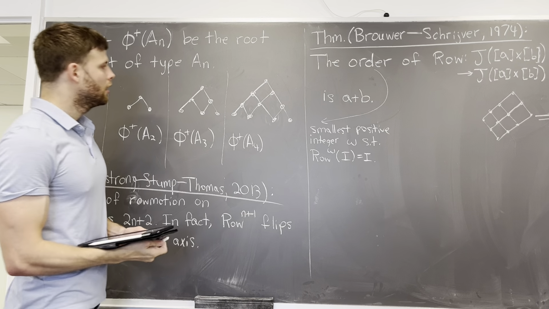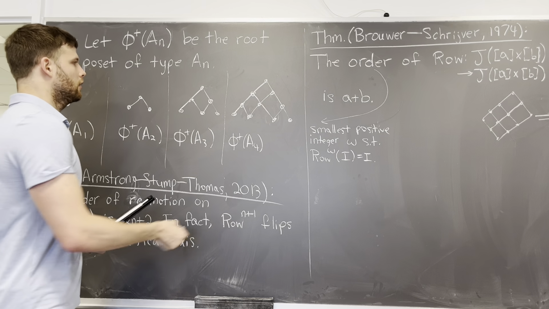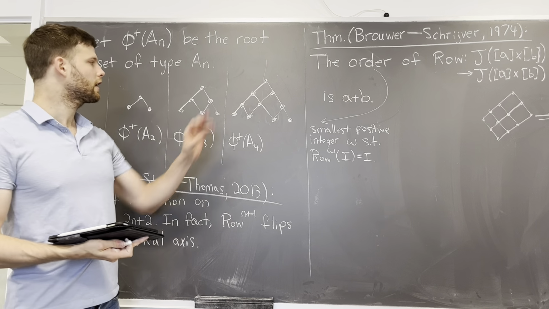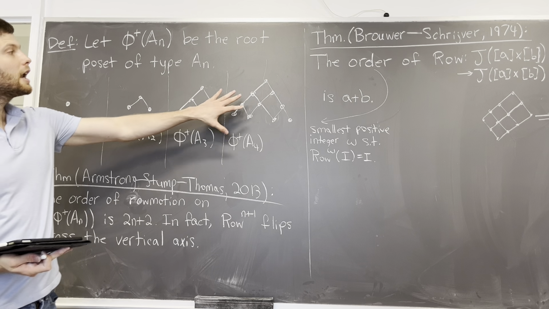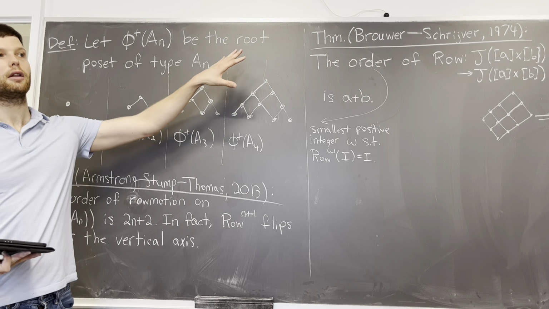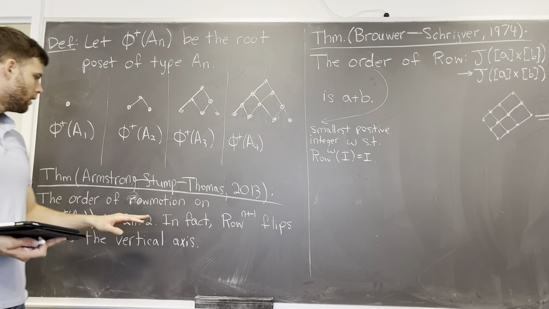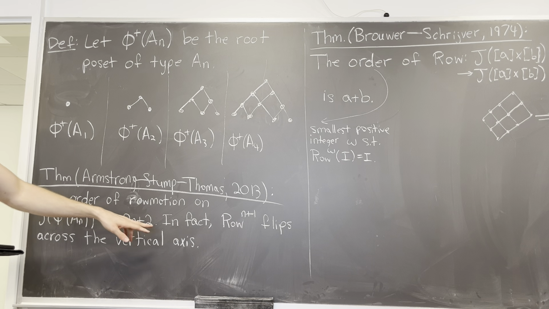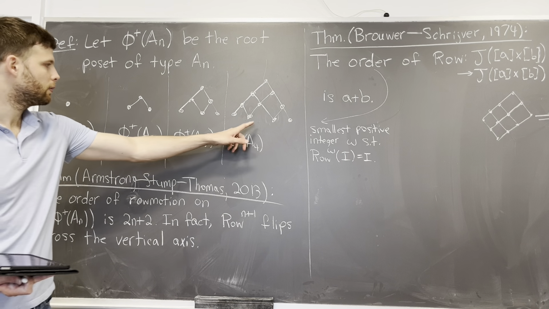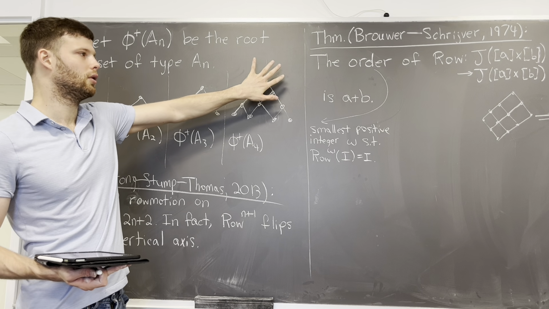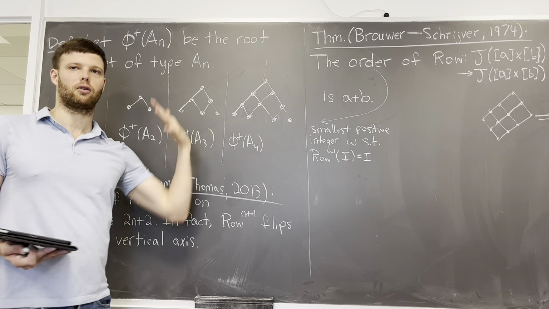You imagine there's this obvious vertical symmetry, and I can reflect about the vertical axis. If I take any order ideal, I can reflect it and get another order ideal. What this is saying is that if I do Rowmotion n plus 1 times, which here would be 5 times, then that just flips my order ideal. And so if I do that again, I just get back to where I started.